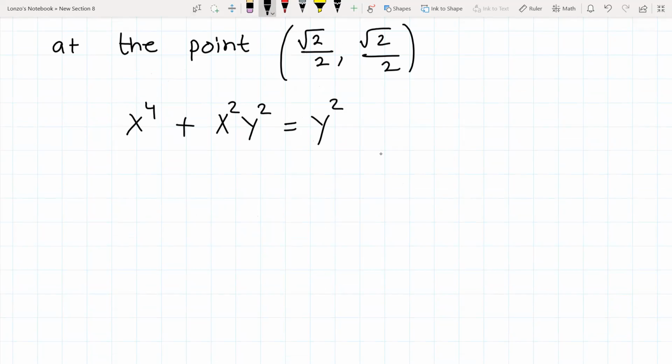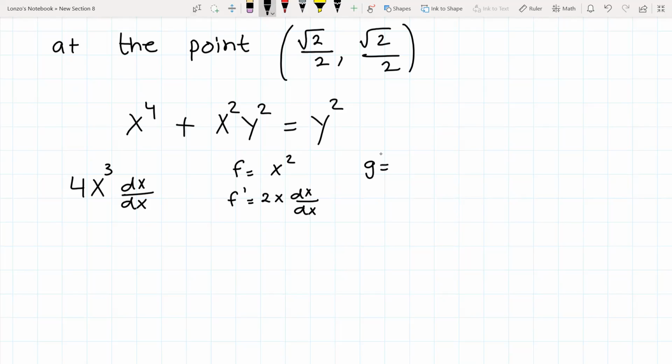So the derivative of x to the fourth is 4x cubed dx over dx. The derivative of x squared y squared: product rule, right? My f is x squared, f prime is 2x dx over dx. G is y squared, g prime is 2y dy with respect to x, so this would be 2y dy/dx.